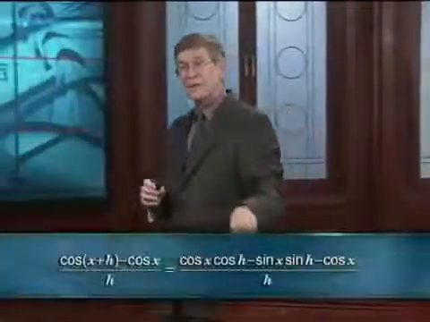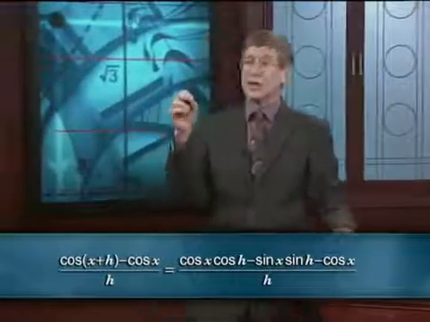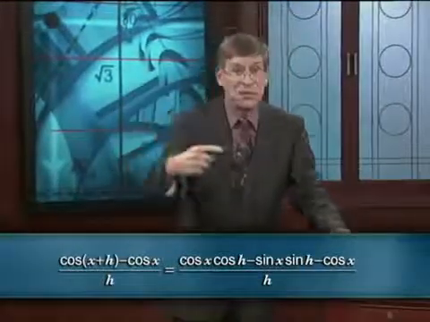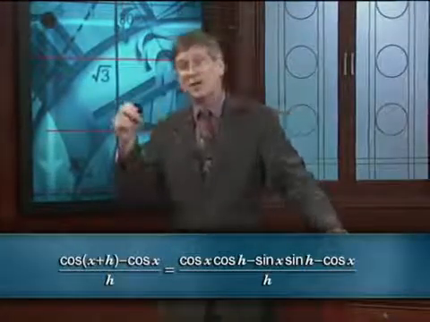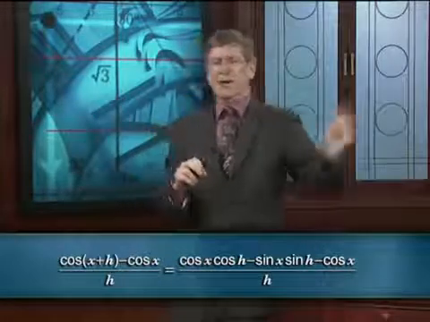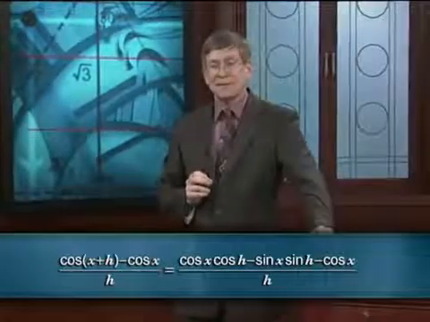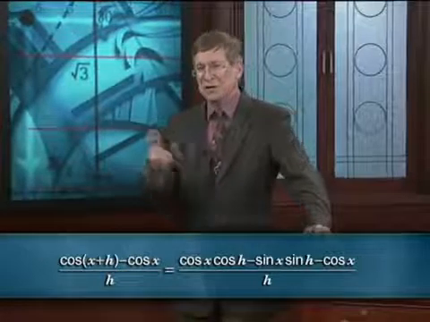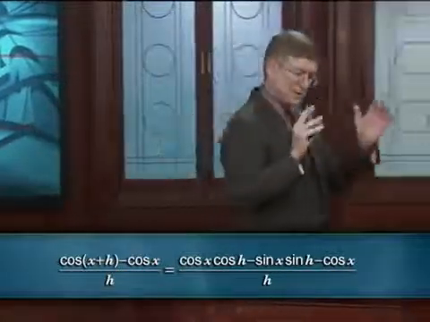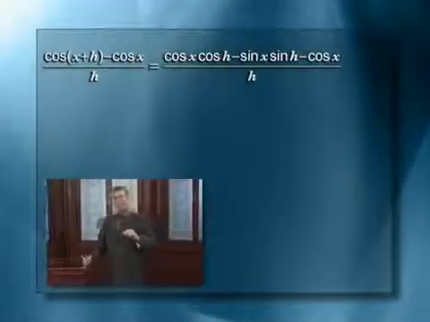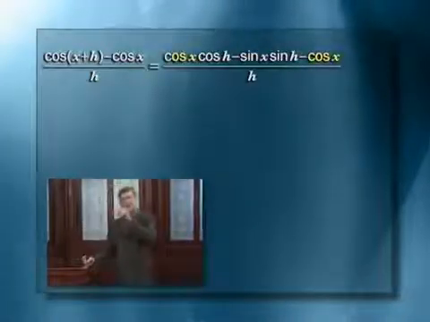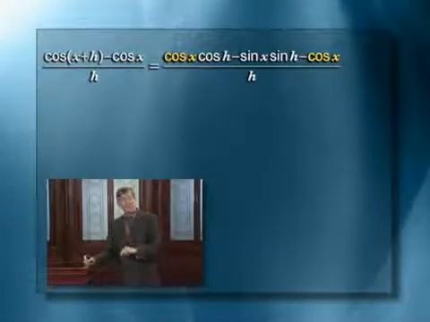And now I'm going to simplify it. I'm going to use our new formula, cosine of a sum. And that's cosine x cosine h minus sine x sine h. And then at the right I have minus cosine x, all divided by h. Here we go. We're going to analyze this a little closer, and this is taken from an actual calculus book. We factor out cosine x. Cosine x occurs in the first term and the third term in the numerator.